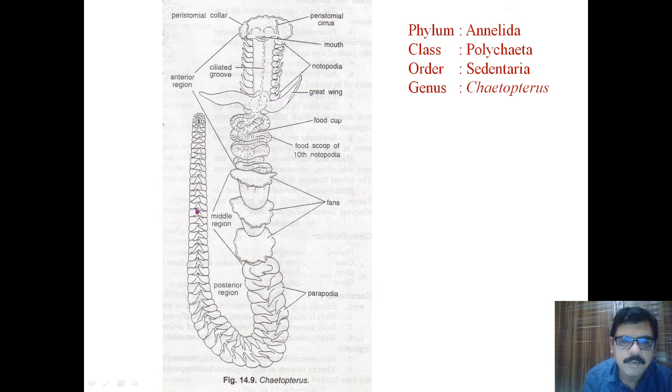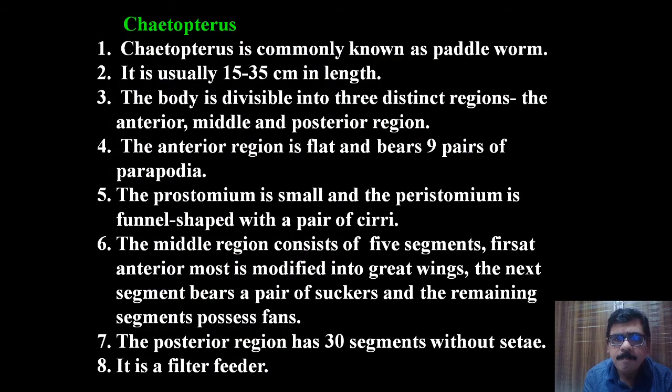Now we'll discuss the characteristics of Chaetopterus. It is commonly called a paddle worm and is usually 15 to 35 centimeters in length. The body is divisible into three regions: the anterior part, the middle portion, and the posterior region.